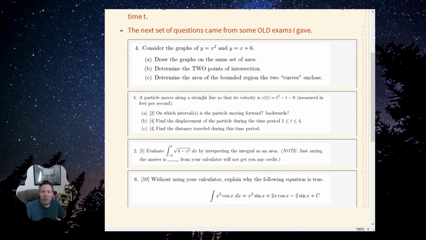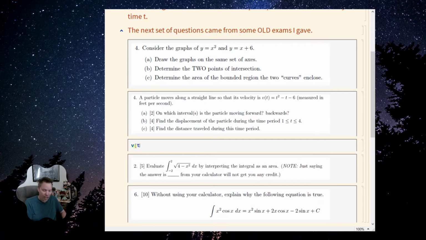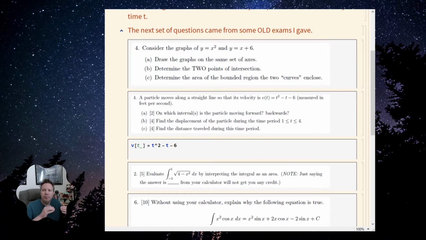So I want to do all of my work in Mathematica here. I suggest that you try to write some of this down on a piece of paper to organize your thoughts. So the first thing I need to do is enter in the velocity function. So my velocity function is given by t squared minus t minus 6. When I'm trying to figure out where the particle is moving forwards and backwards, that's a velocity thing.